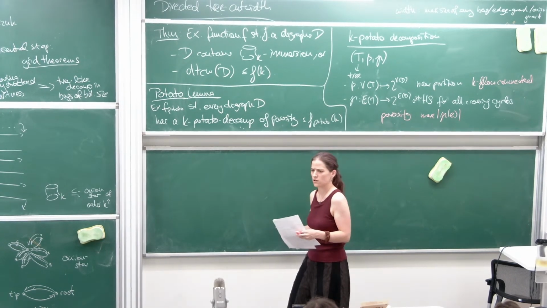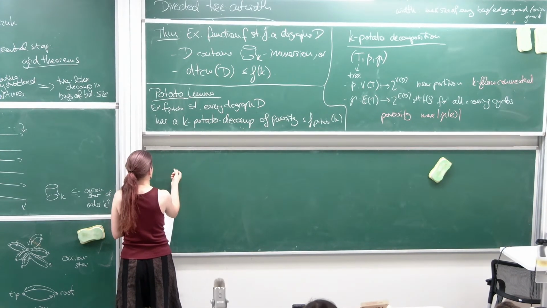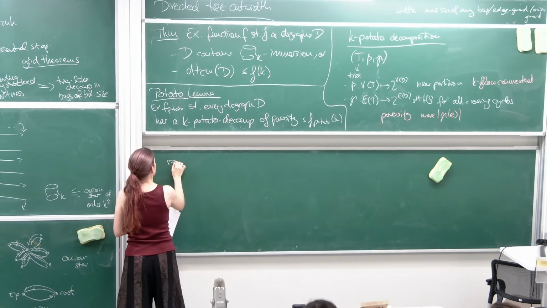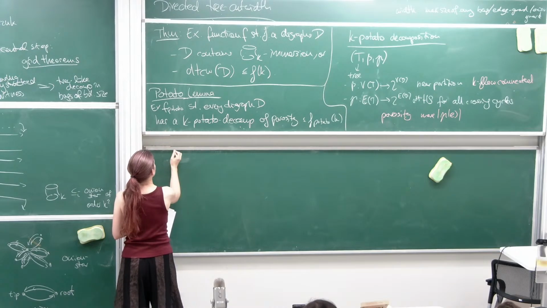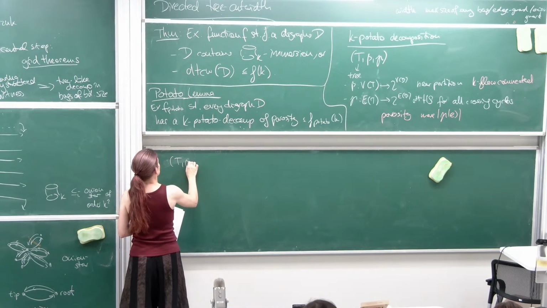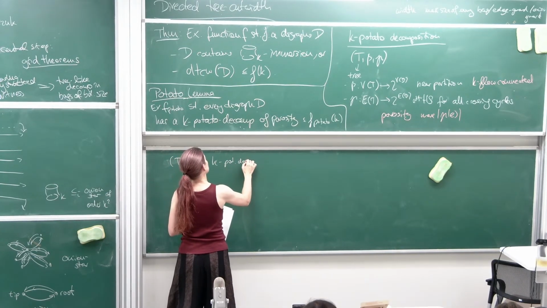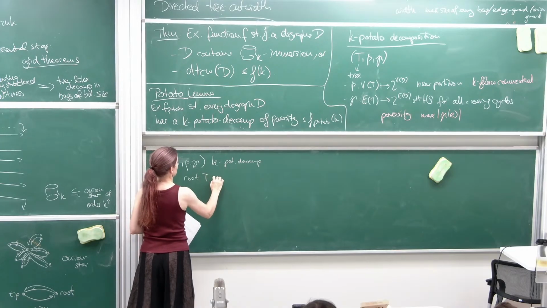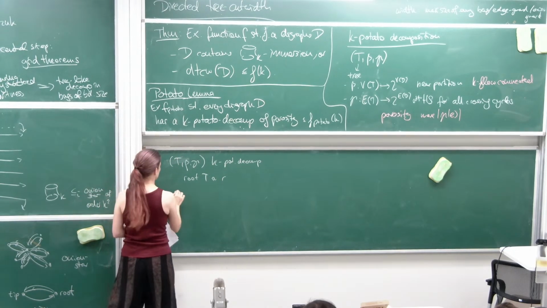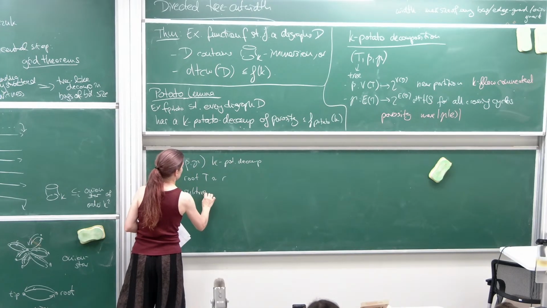This is a trick that's also often used for directed treewidth or things related to this. So our next step is to root. Okay, we first take this potato decomposition. Now we root T in a vertex R, and we also make subtrees strongly connected.